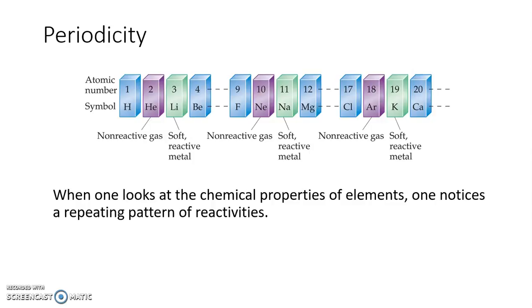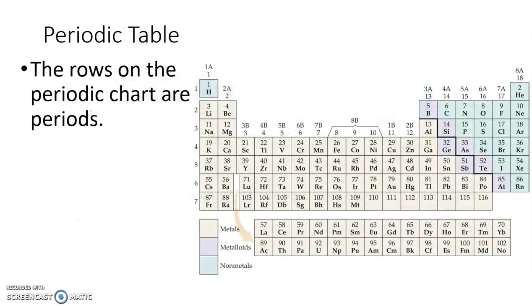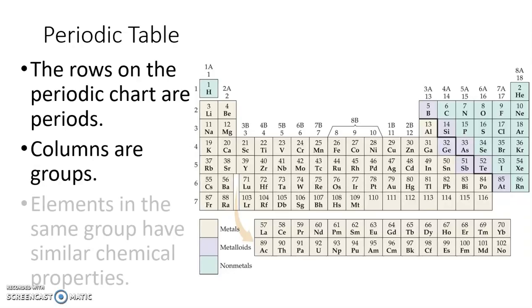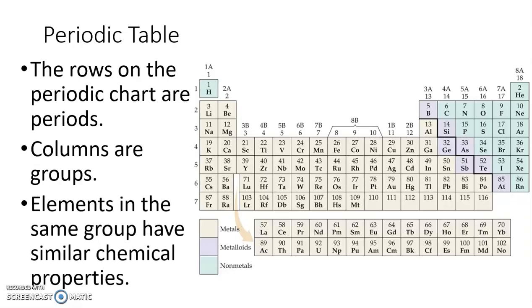And that has to do with the number of valence electrons, giving the elements within the same group a similar property, okay? So we know the rows are called periods, the columns are groups, sometimes referred to as families, and elements in the same group have similar chemical properties, again, because they have that similar number of valence electrons, so that's gonna affect how they react.